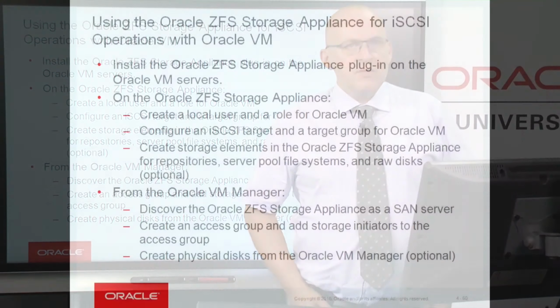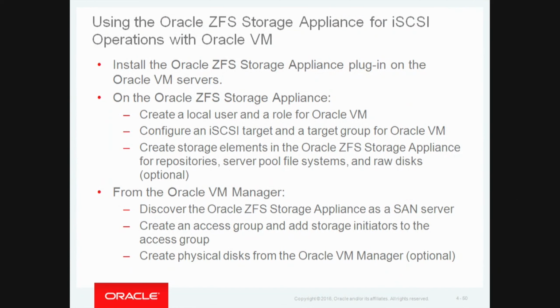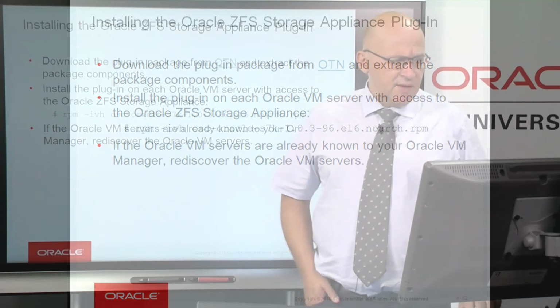Then you have to create storage elements in the ZFS storage appliance for repositories, server pools, file systems, and raw disks if you want to use this functionality. From the Oracle VM Manager, you then have to discover the ZFS storage appliance by using a discovery path, create access groups and create physical disks if you need so.